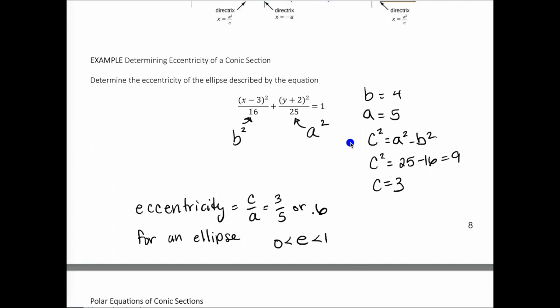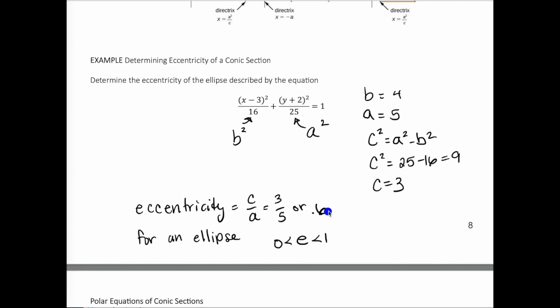Then to find C with an ellipse, C squared is equal to A squared minus B squared, which in this case gives me 9. When I square root both sides, I get C is equal to 3. So to find the eccentricity, I want to take C over A, and in this case, I get 3 over 5, which is 0.6.